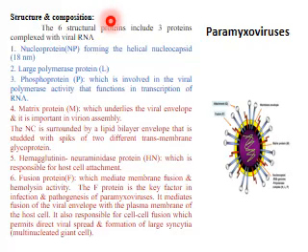Actually, the fusion protein is very important, and it has many different functions. It mediates membrane fusion and hemolysin activity. The F protein is the key factor in the infection and pathogenesis of paramyxoviruses.